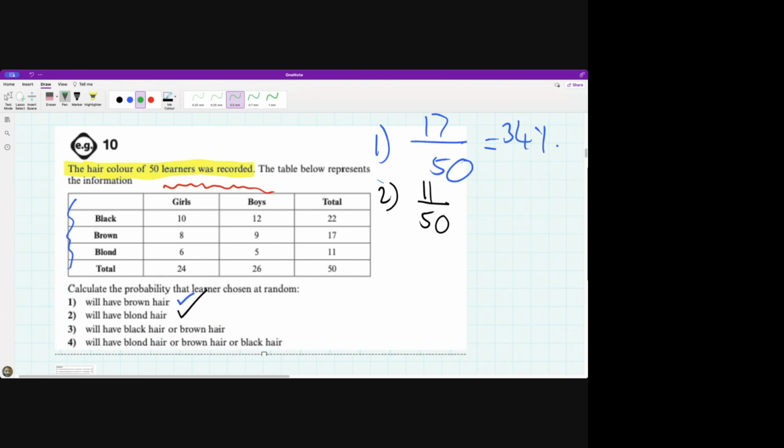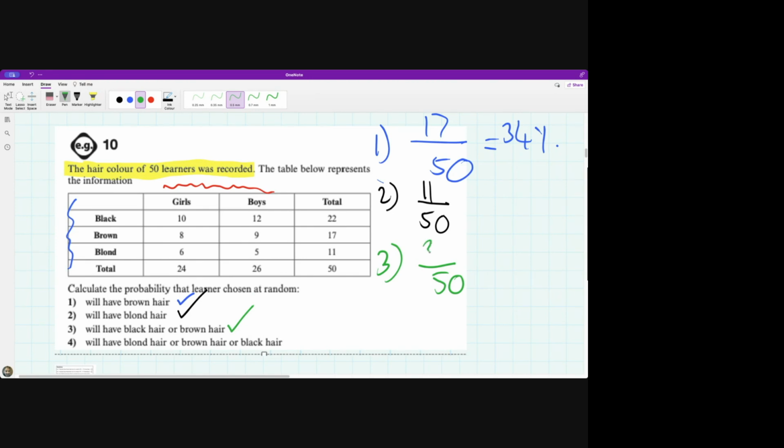Now, what about this? We'll have black hair or brown hair. Still out of 50. What's this going to be? Black or brown. That means either of the two. So where's black? Black is 22. Brown is 17.